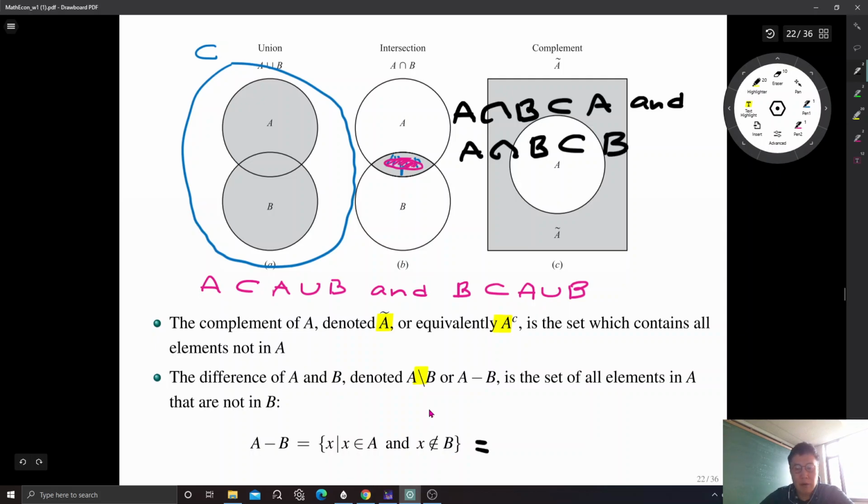So we can write this as A intersection B's complement, because x has to be an element of A and x is not an element of B, that is B's complement. So the difference of two sets is the intersection of set A and the complement of set B.